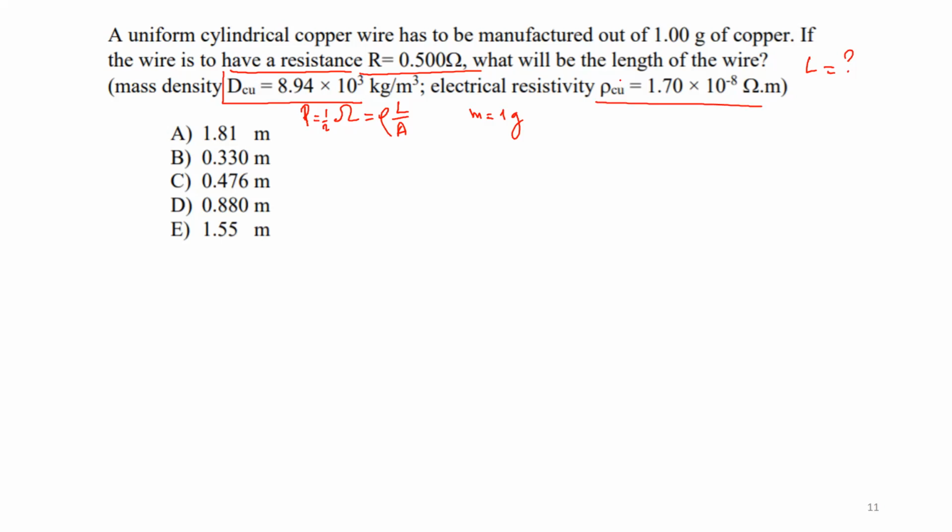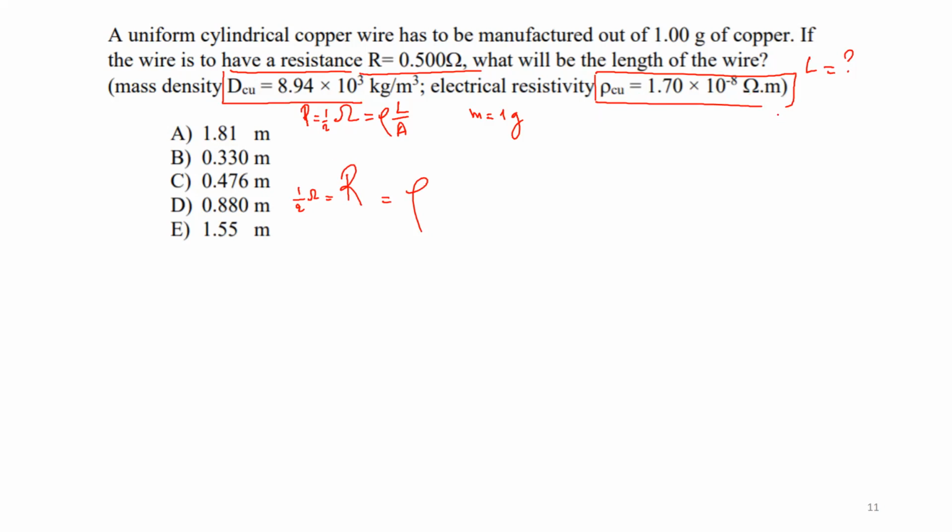So how to solve this? We start with the resistance R, which should be half ohm, equal to rho. I know rho copper, it's given. By the way, this rho here is electric resistivity. Remember, it's in ohm meter.